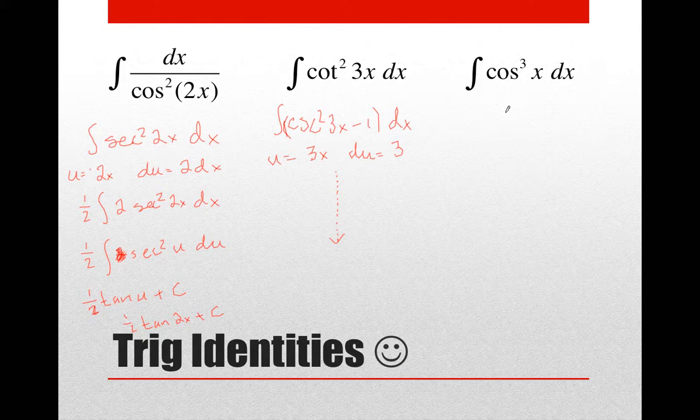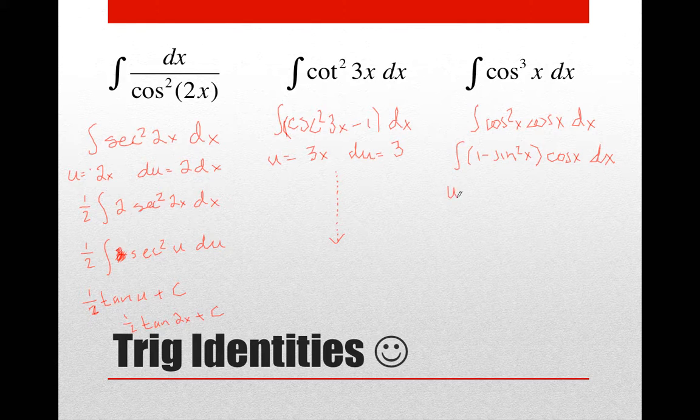For something like cosine cubed, what you can do is change it to cosine squared times cosine x. But still, we don't have one that's the derivative of the other, so we say, well, cosine squared is actually 1 minus sine squared, times cosine x.